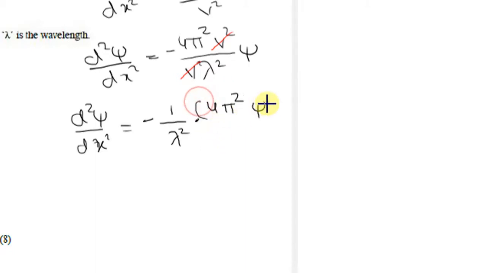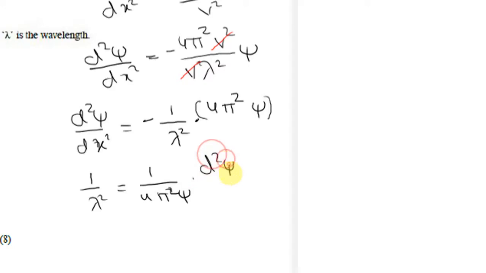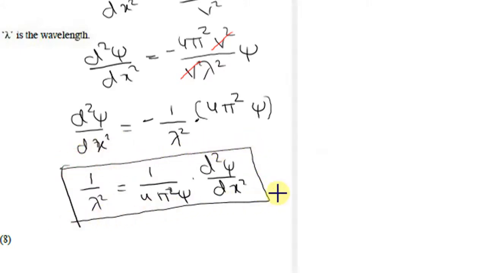Keep it inside the bracket. We'll get to know why I have written it like this. Now, taking this to the other side, we can write 1/λ² = −1/(4π²ψ) × d²ψ/dx². Keep it inside the box, important equation.